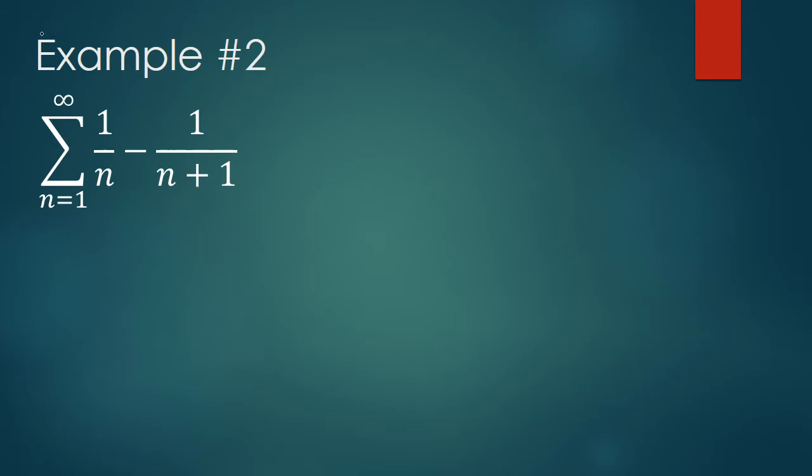Example 2. We've got 1 over n minus 1 over n plus 1. Okay, so let's look at our S sub n. Our S sub n will be 1 over 1 minus 1 over 2. And that's my first term, so that's a sub 1. Plus my second term would be 1 over 2 minus 1 over 3.